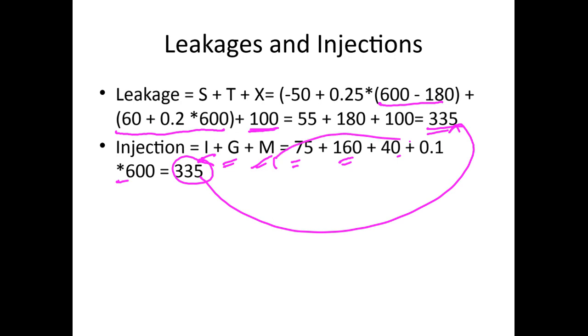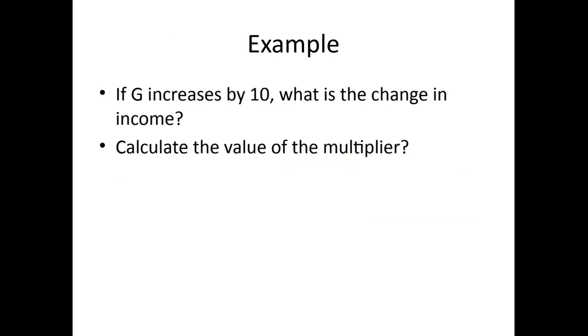Now this is the example, and here we will use the concept of multiplier. So you can see, suppose government increases its expenditures by $10 million. What is the change in income? What would happen?